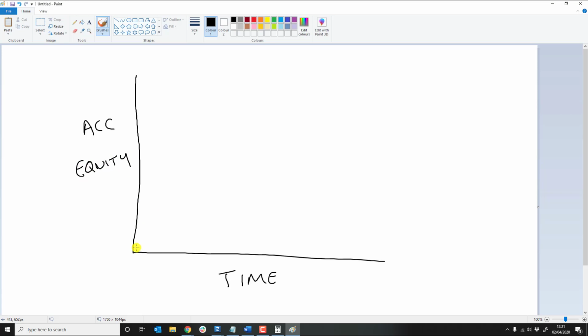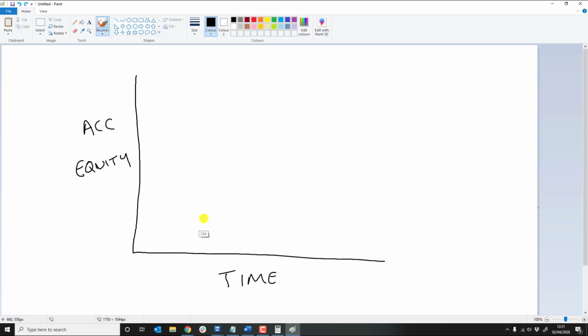So this is basically your profit equity curve. Let's say over time your account looks like this. Now your drawdown, it doesn't matter how much money is in your account, a drawdown is basically local peak to local trough.